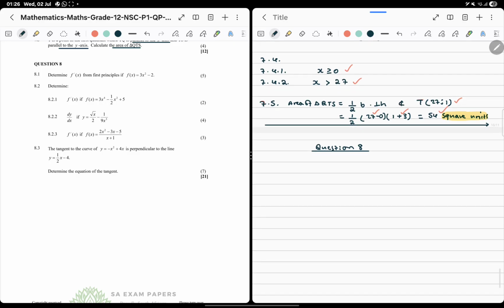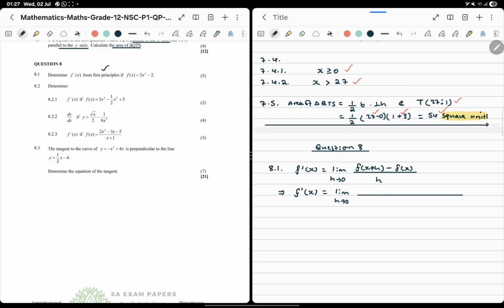Question 8, what does it say? So 8.1, we need to differentiate from first principles. We already know that the first derivative is the limit as h tends to 0 of Sir Isaac Newton's quotient. We write the formula, so f prime x equals the limit as h tends to 0.